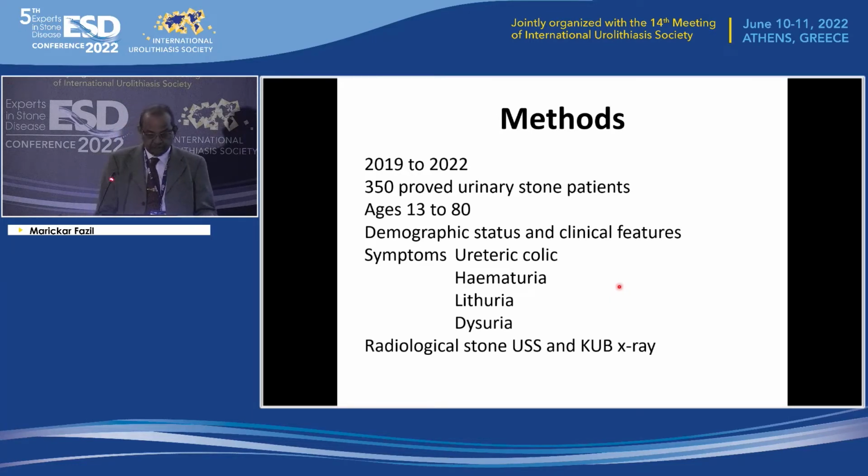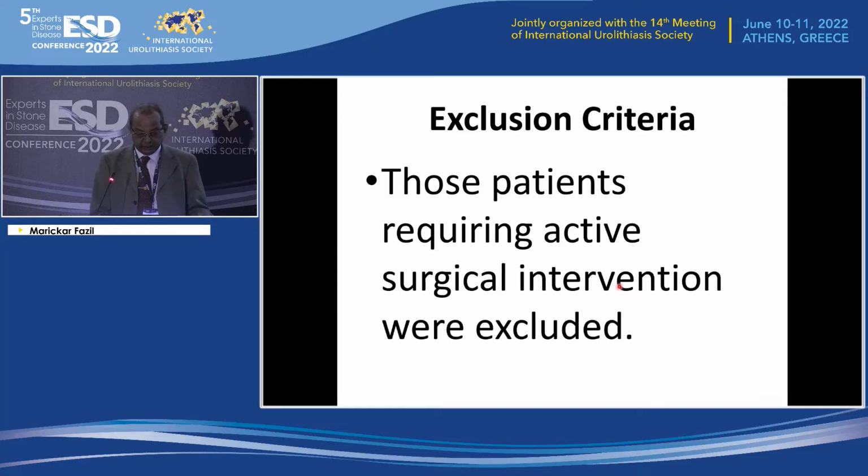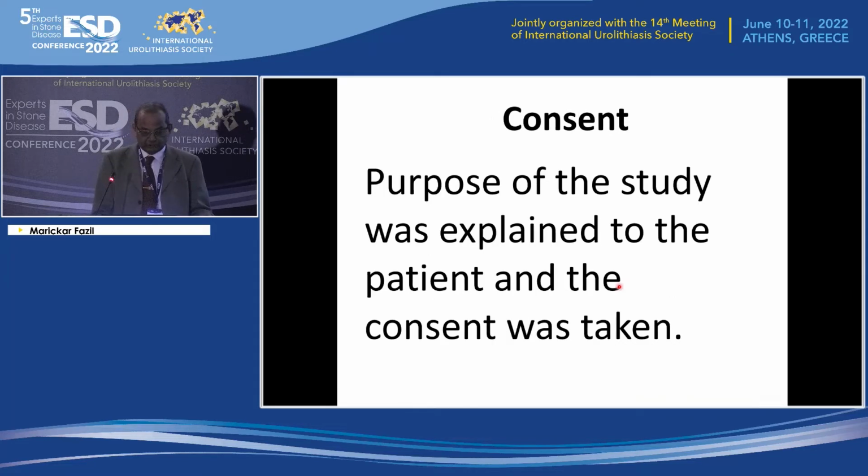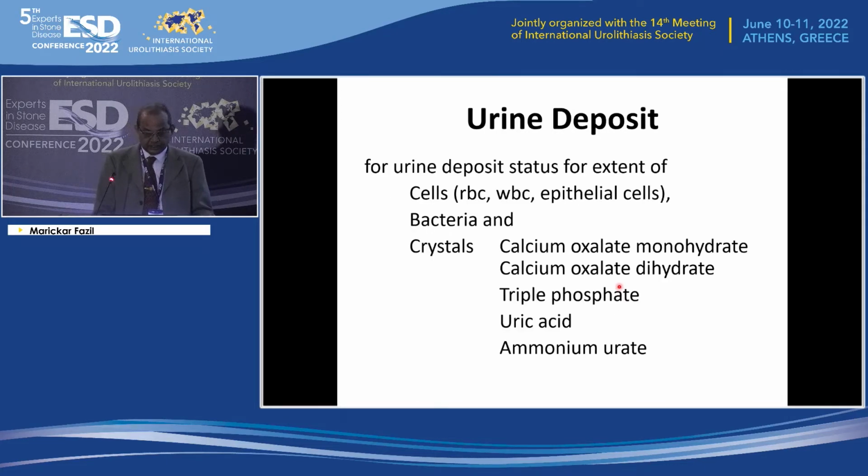In this study, we have taken 350 patients who had symptoms of urinary stone disease and radiologically, that means ultrasound or X-ray, identified stones. Those patients requiring active intervention have been excluded from this study. The purpose was explained to the patient and consent was taken.